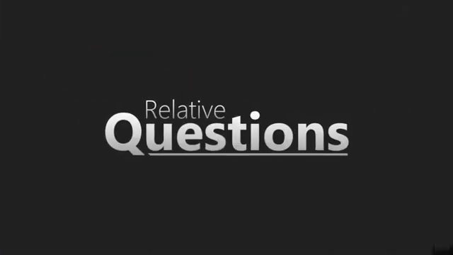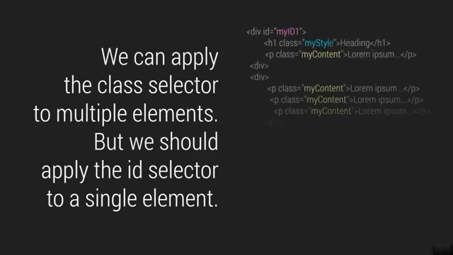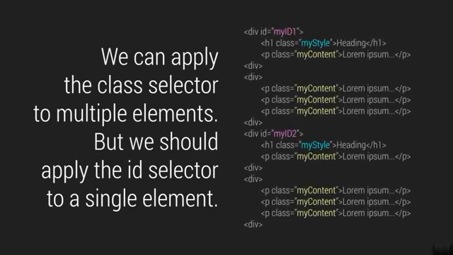The related question is, explain the difference between ID and class selector. So the class selector we apply to multiple types of elements. ID selector we do apply to maybe a paragraph or a division or an h1 or any other element, but at a time we prefer to have only one ID for each page.